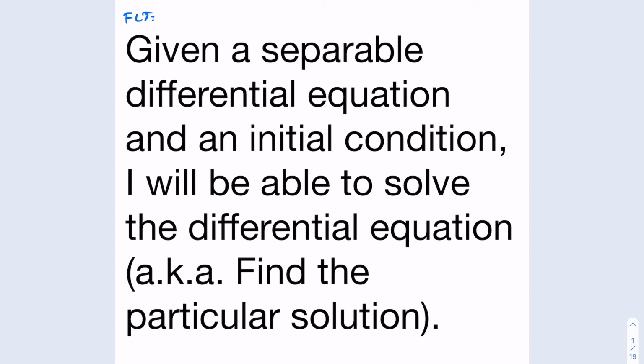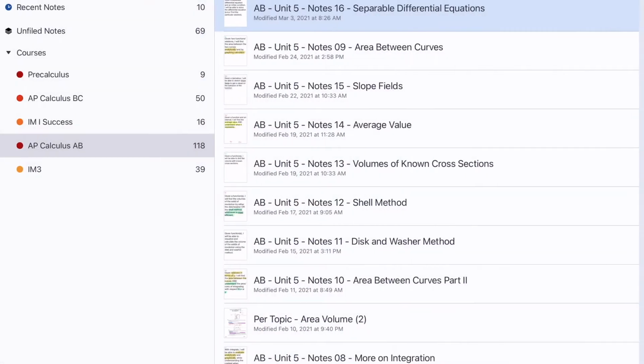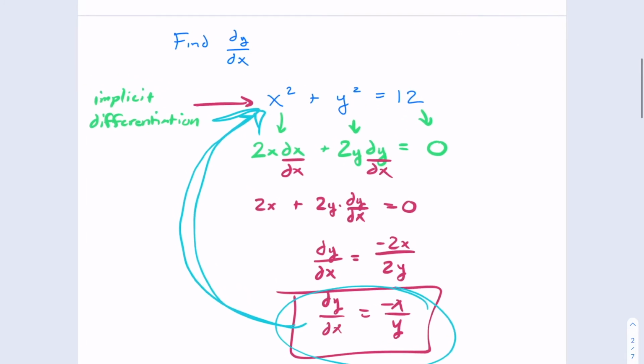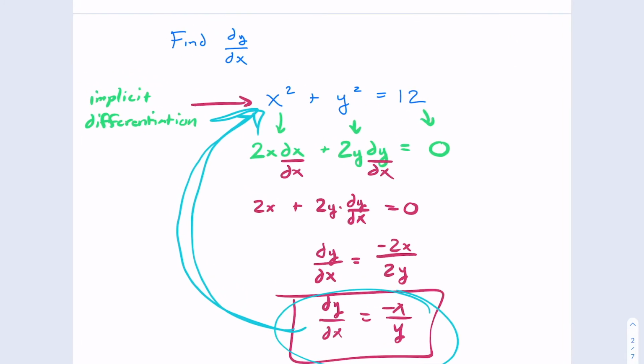Okay, so in the last lesson, let me just show you real quick. All the way back in first semester, when you were given an implicit equation, you were able to find the differential equation there.